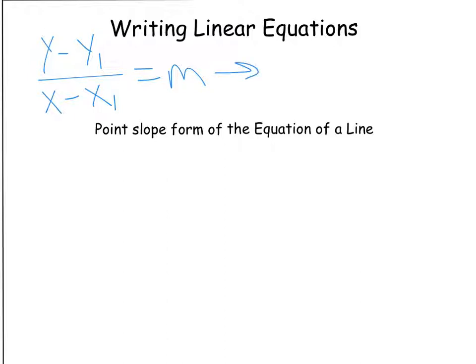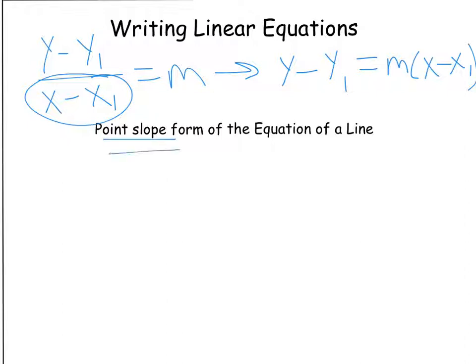I'm going to rearrange this. I'm going to multiply both sides by that denominator, which would leave me with this. Okay? What you have here is point slope form. A lot of times in the context of a word problem, we might have an idea of what the slope is and maybe one point that's on it.